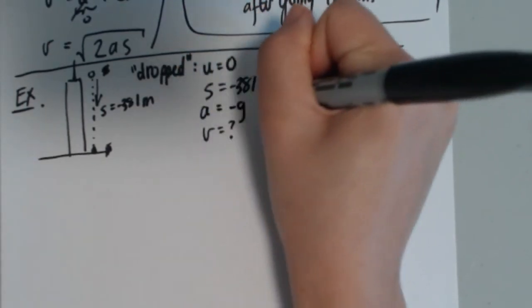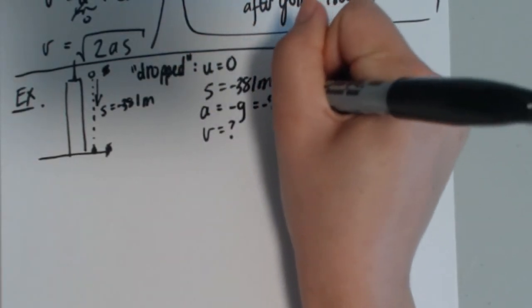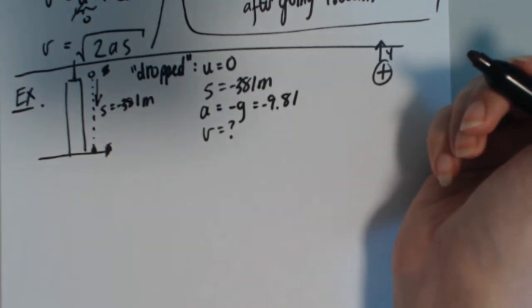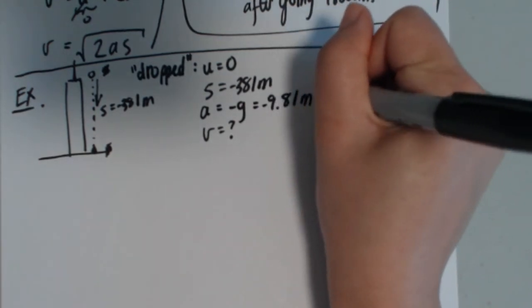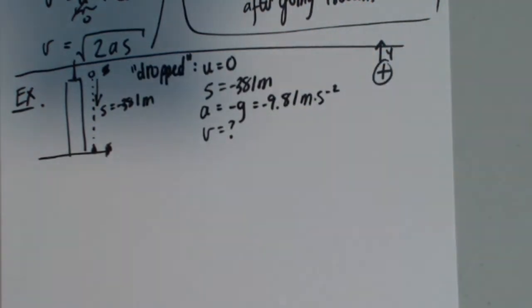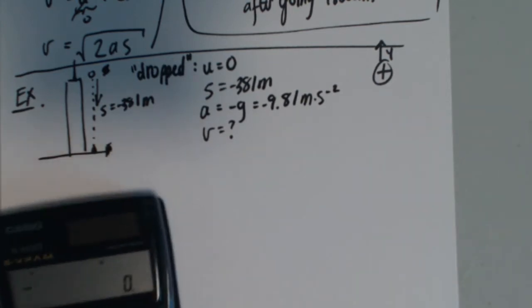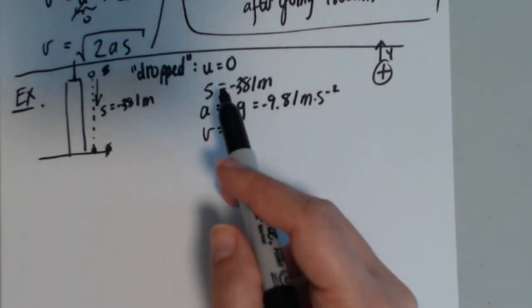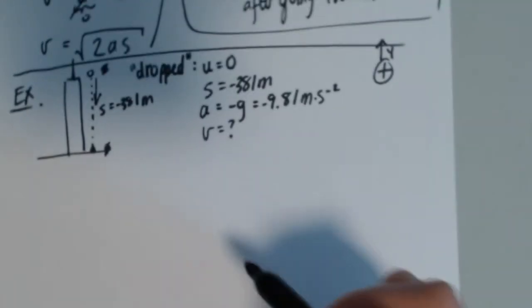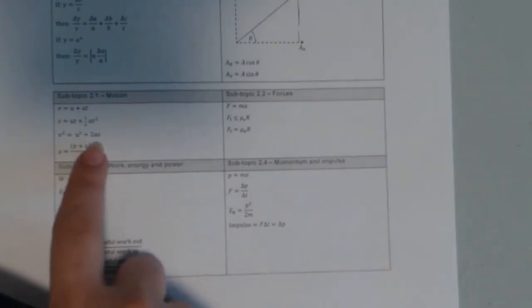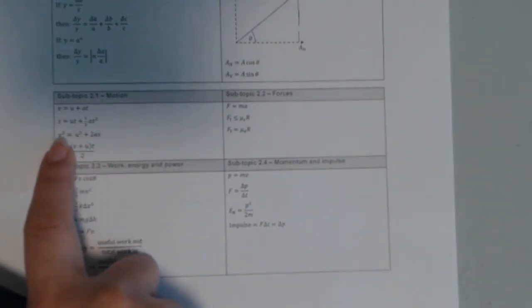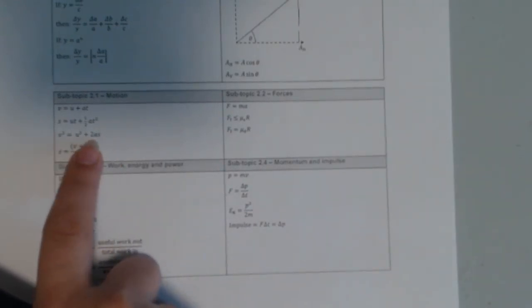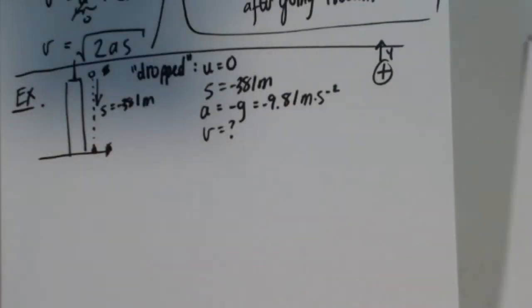The acceleration is minus g, so it's minus 9.81 meters per second squared. I'm going to just use the value that's in the formula booklet. Okay, so what am I doing? I need the formula first. I have S, U, A, and V. If we look at our formula sheets, third formula. You're going to use that one.